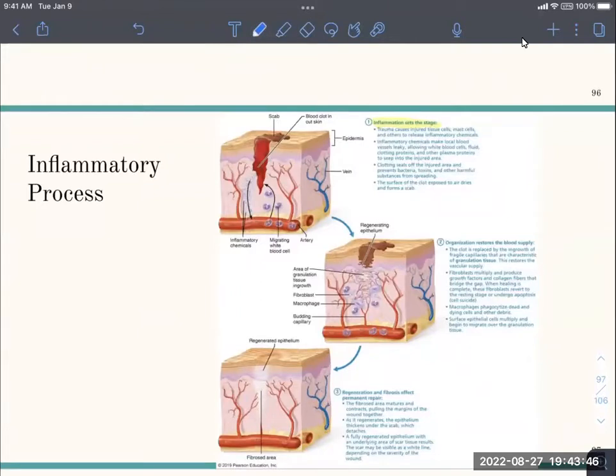We need to release our chemicals that trigger the inflammation process. That dilates, makes those blood vessels bigger. That sends white blood cells out into that connective tissue. Blood vessels also travel out to that connective tissue to help form a scab and a clot that covers the area. It protects the area as quick as it can.